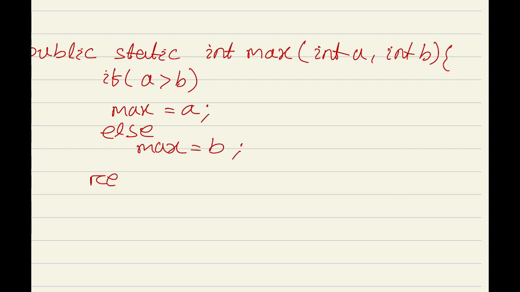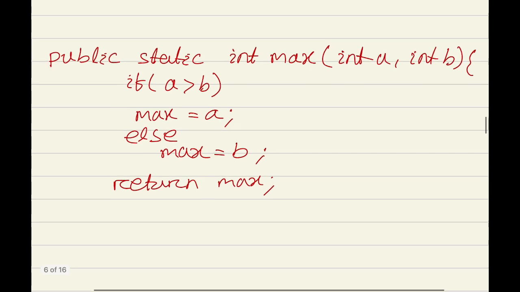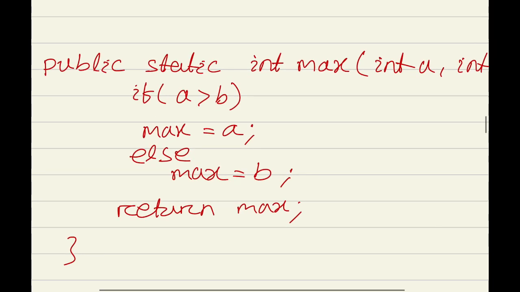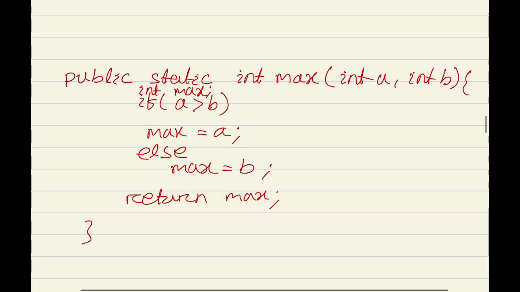Then we can write return max, and before the if a greater than b we can write int max. So int max, if a greater than b, max equal to a, else max equal to b, return max. So it is a simple one to find the maximum value.